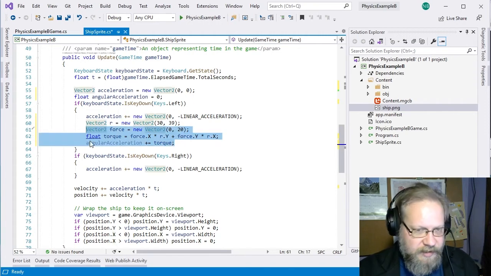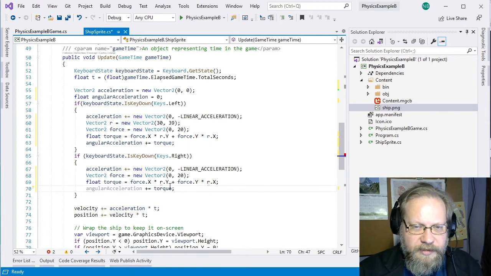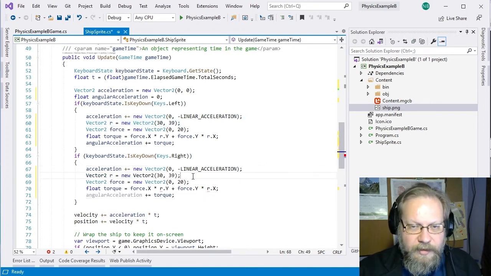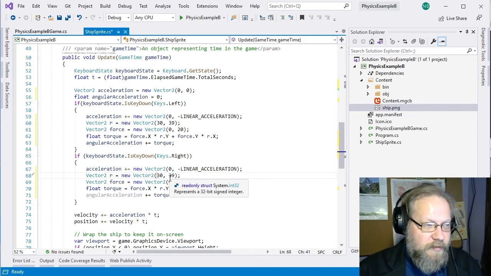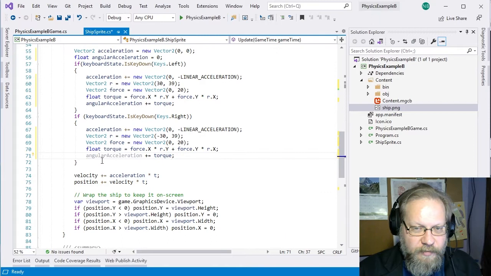We basically do the same thing when we're thrusting with the other engine, but with the other engine, our r vector is going to actually be in the opposite direction. So the 30 would be a -30. Or we could just invert the torque, because that's the end result of what that would be.